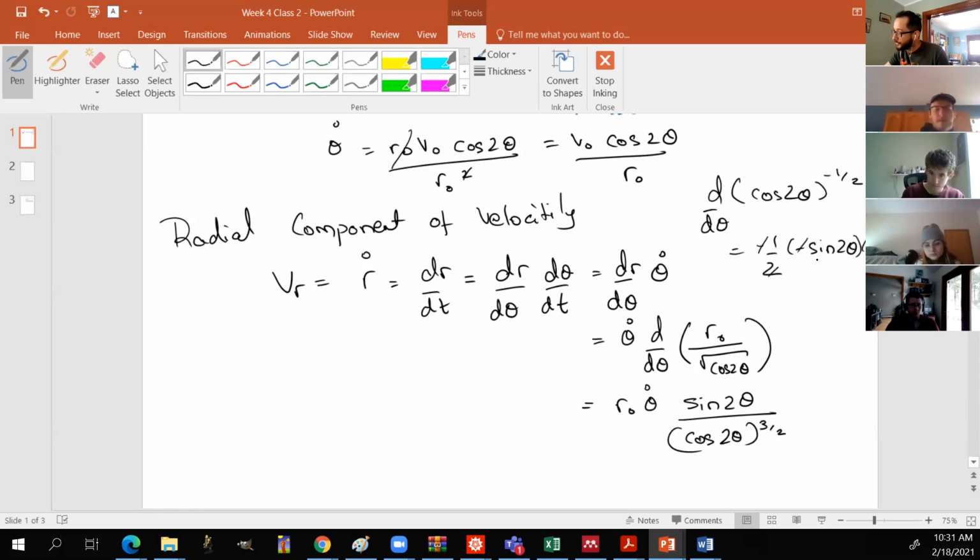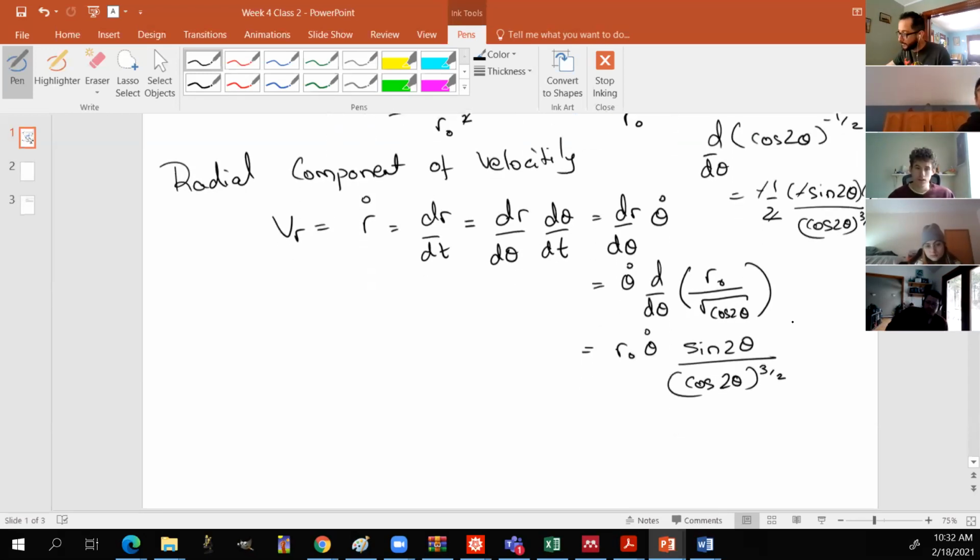And this becomes to the power of plus 1, right? So minus 3 over 2, so cosine 2 theta to the 3/2. Good. Okay. So this is what we get.